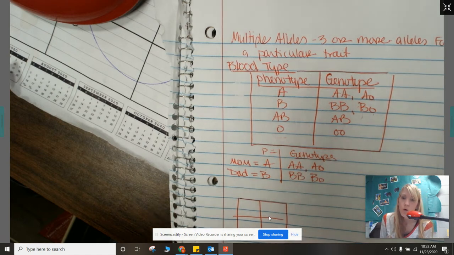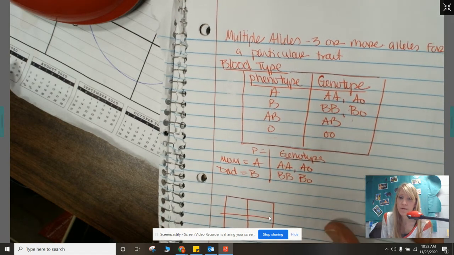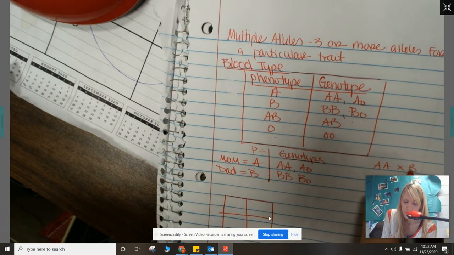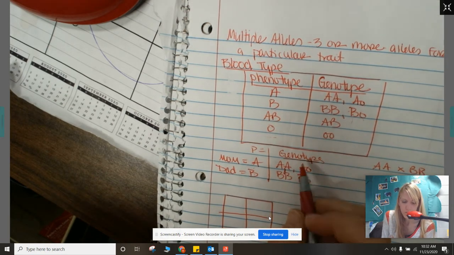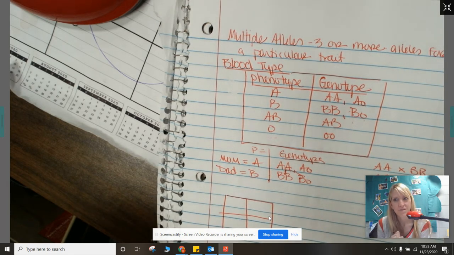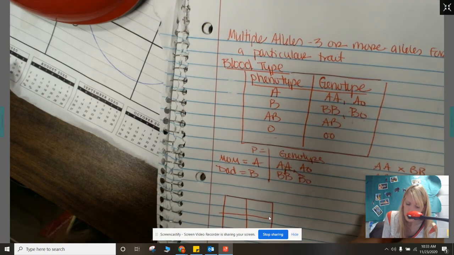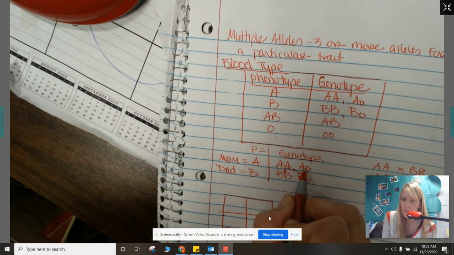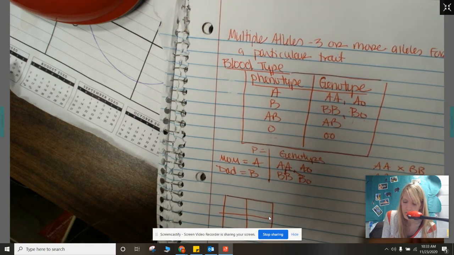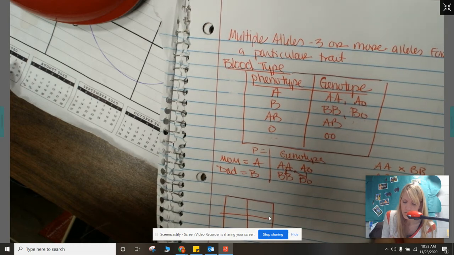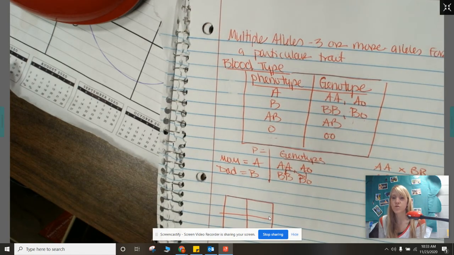Okay, so we have to cross 4 different times, because look, we're going to have to cross big A with big B. We'll cross big A with big B, because I want to know what my genotype is. That's why we're doing this. We want to figure this out. Okay, now we can do it. Big A, little O, big B, and big B, O. So we're going to cross it 4 times.